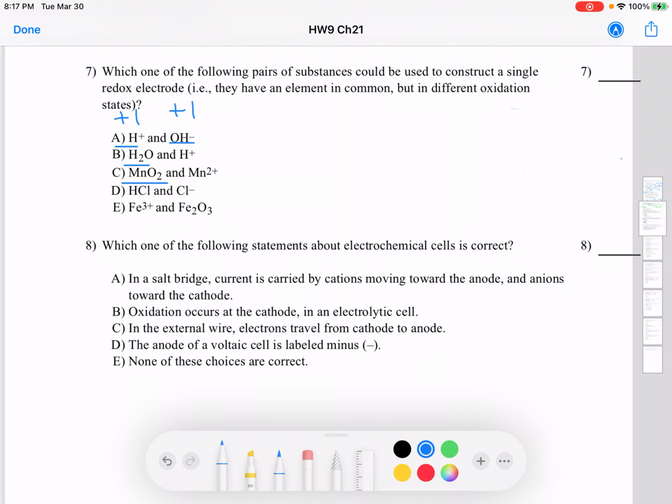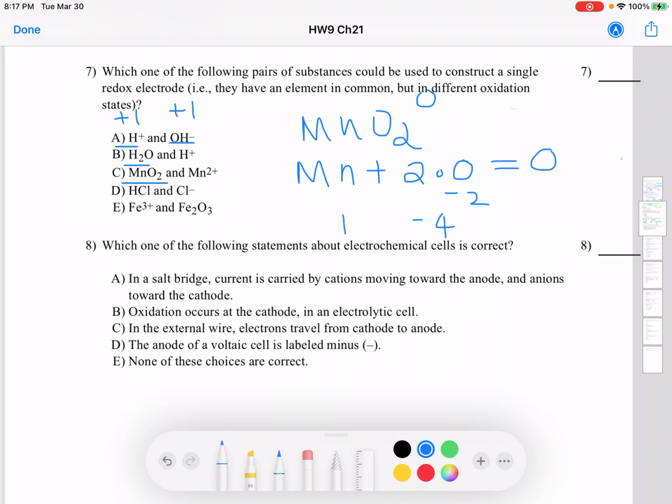MnO2. In MnO2, what's the oxidation number for oxygen? Yes. So MnO2, oxidation number 0: manganese plus the 2 oxygen, oxidation number equals 0. Oxygen oxidation number -2. So 2 times -2 is -4, so then the manganese oxidation number is +4. So it goes from manganese being +4 to +2.